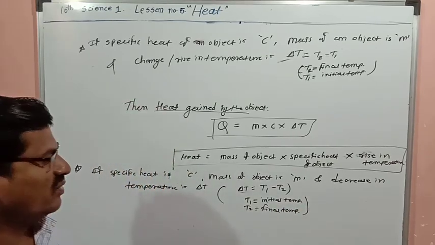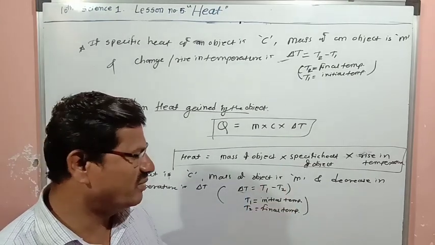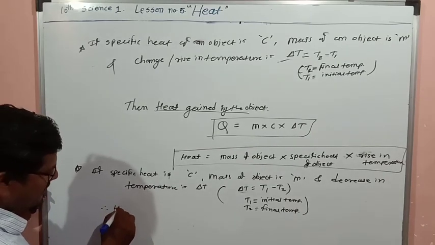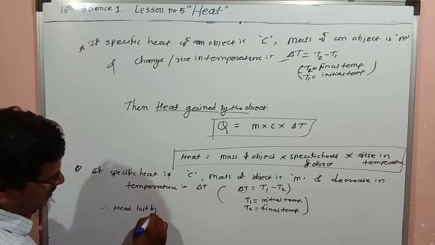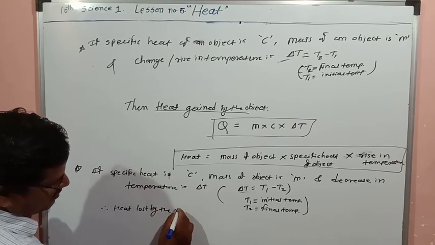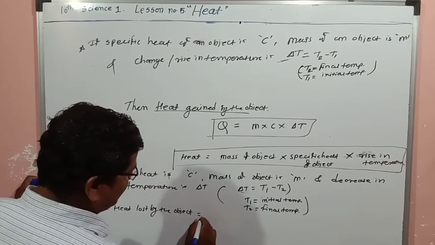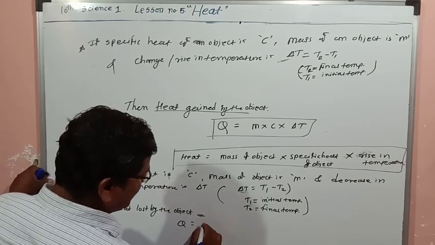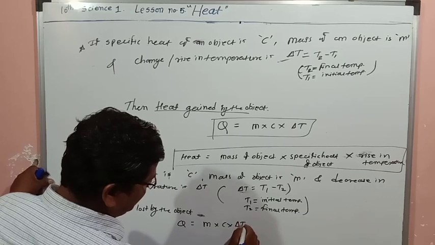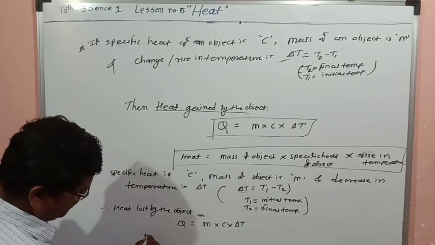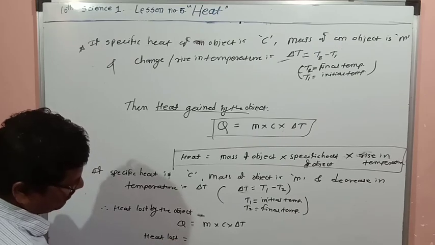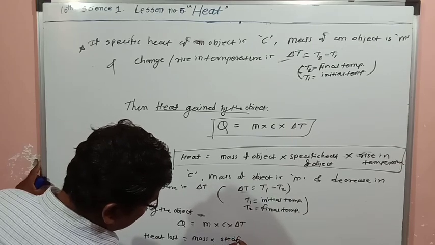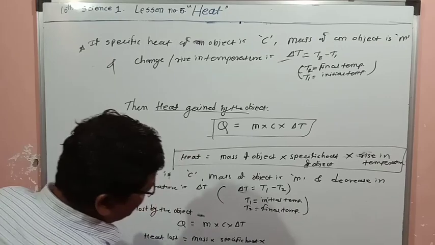T1 will be higher, T2 will be less. Therefore, the heat lost by the object, Q, is equal to m into C into delta T, or in words, heat lost is equal to mass into specific heat into decrease in temperature.